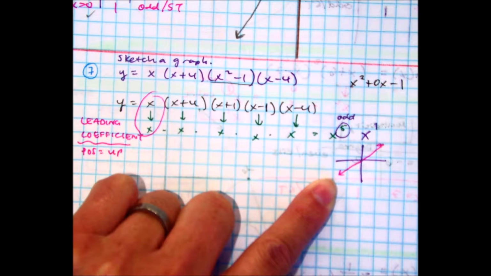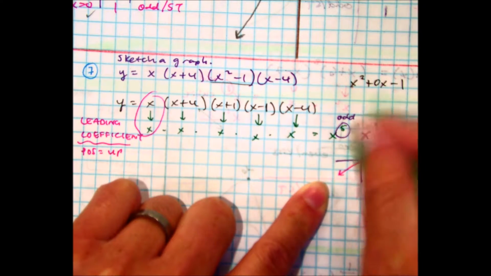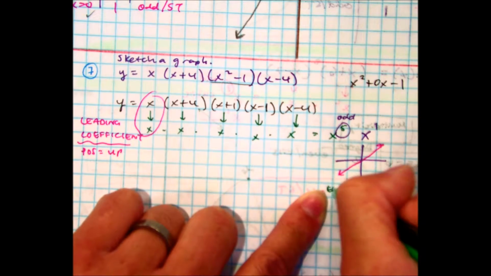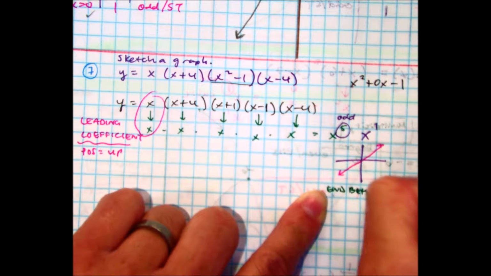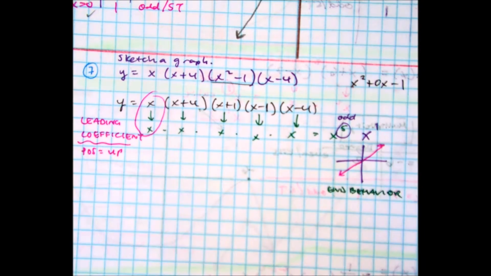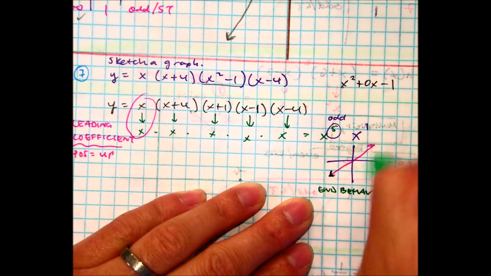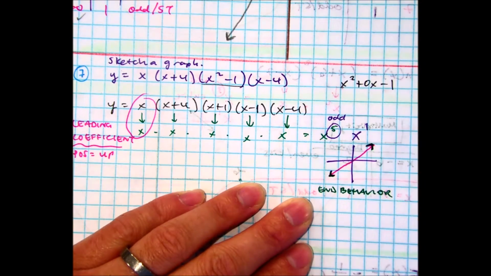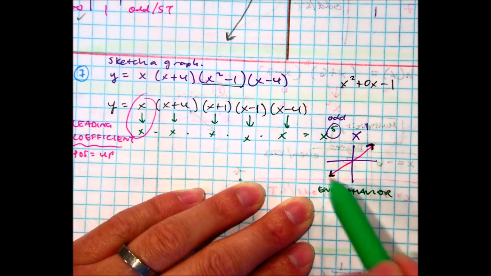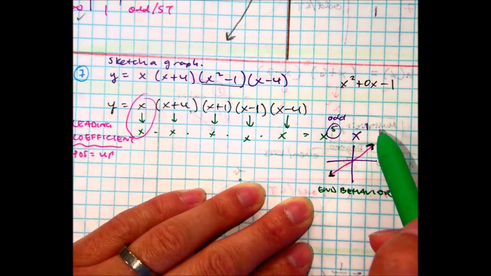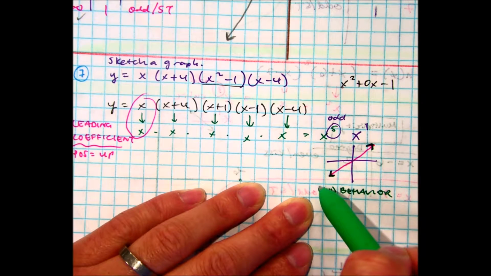Another thing that we learned yesterday is something called end behavior. Everyone say end behavior. End behavior. End behavior is all it's talking about, these arrows. You are starting down, ending up. On the left side, it's down.